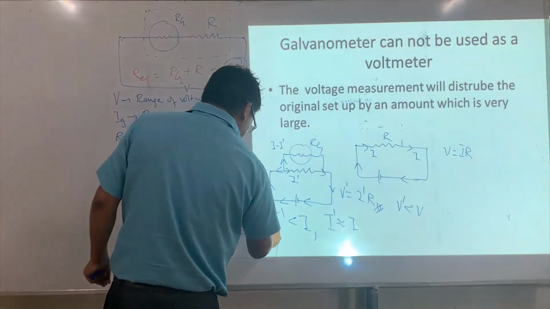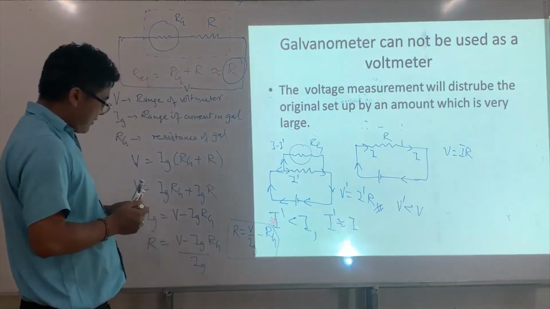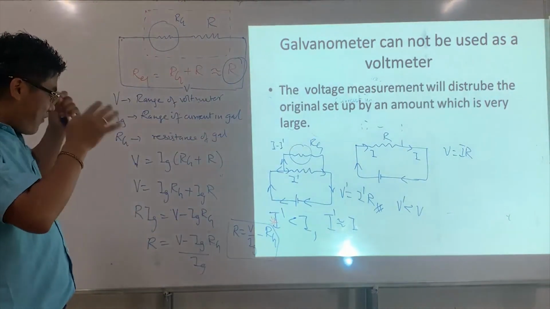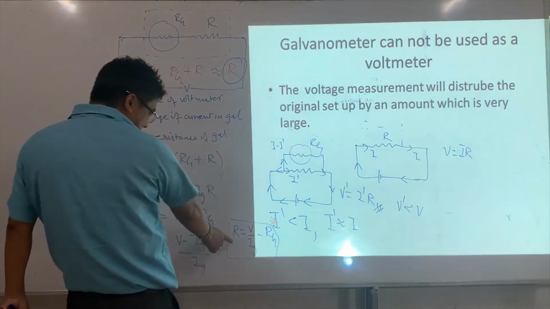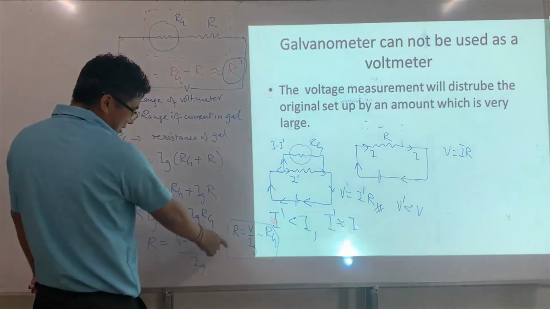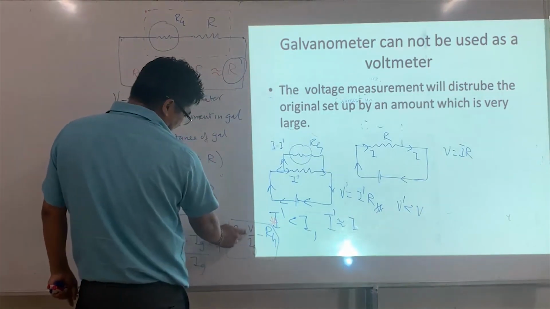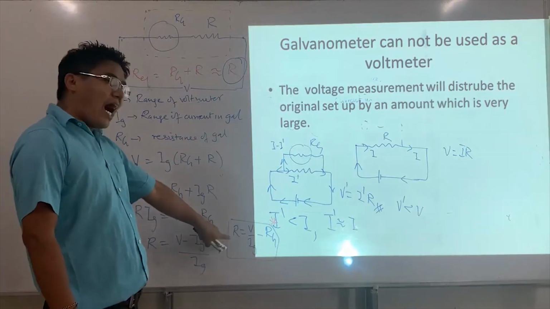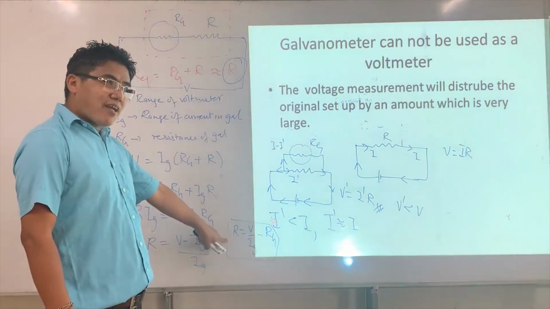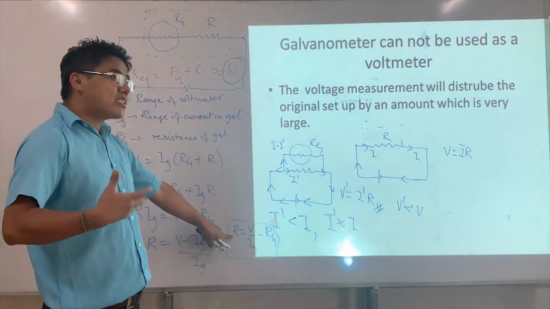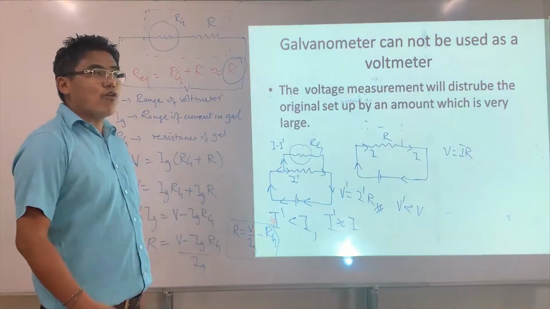Look at here. Now, if I increase the voltage range, the resistance is going to increase. Ig and Rg are fixed, these two factors. So depending on capital R, that is the high resistance, which determines the range of voltmeters.